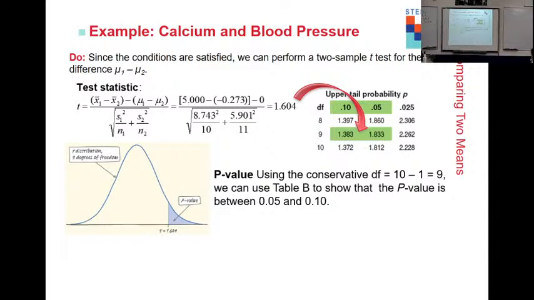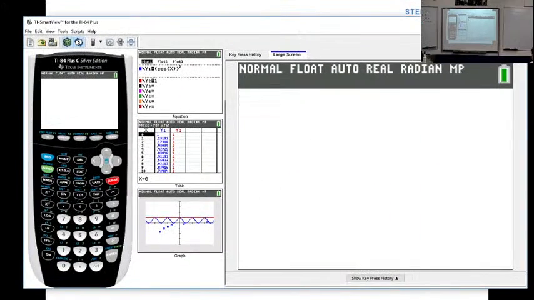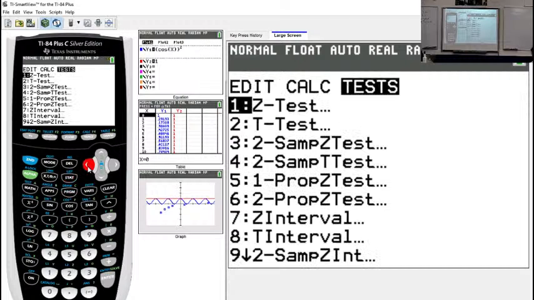So here comes your calculator, where your data is already in list 1 and list 2. Stat, tests. Two-sample t-test. That's what this one is called.